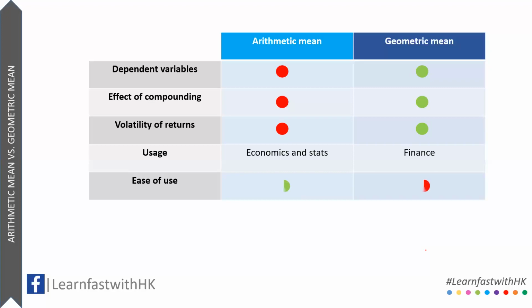The last point of difference is ease of use. Over here, the arithmetic mean scores better compared to the geometric mean because the formula for arithmetic mean is very simple compared to the formula for the geometric mean. So these were the points of difference between the two measures, and I hope it is clear to you.